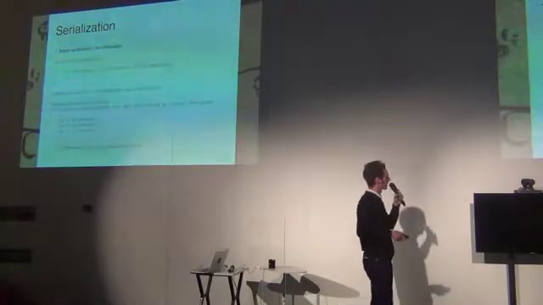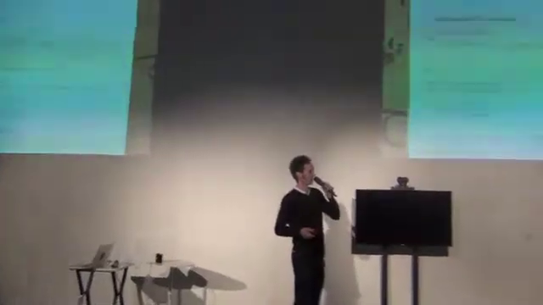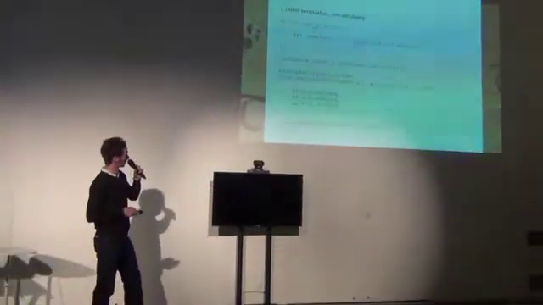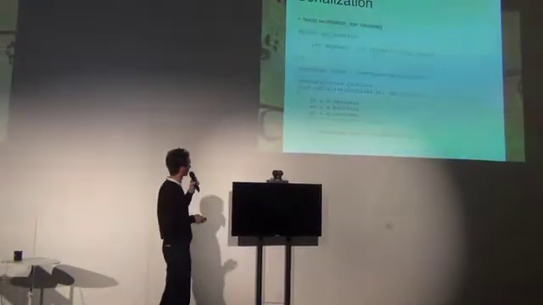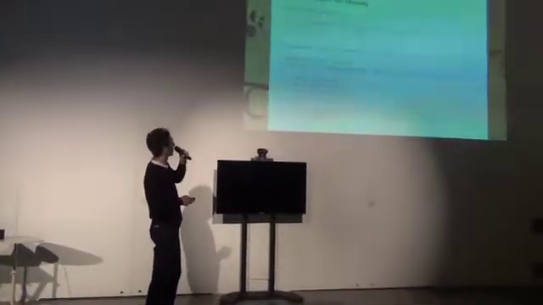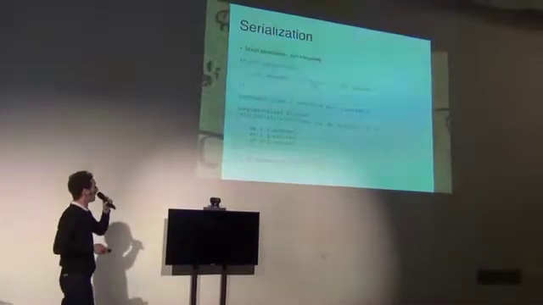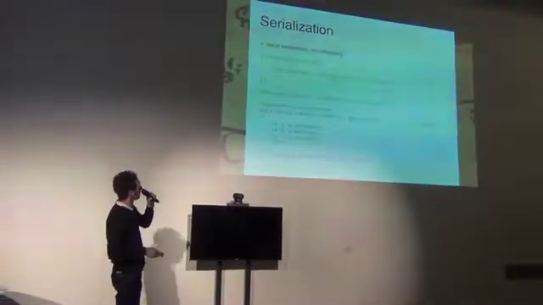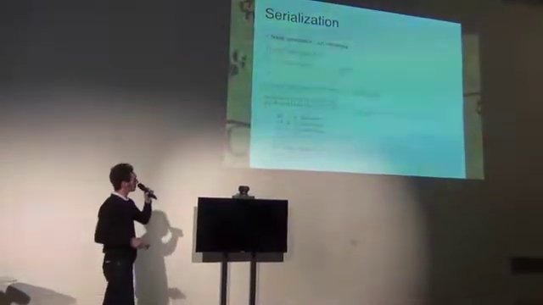Here's an example of how we can do serialization today with C++. Here I'm using the Boost serialization library. We have a GPS position with 3 members, and then there is the serialize function, which is a template function.